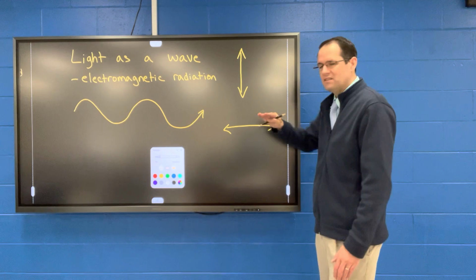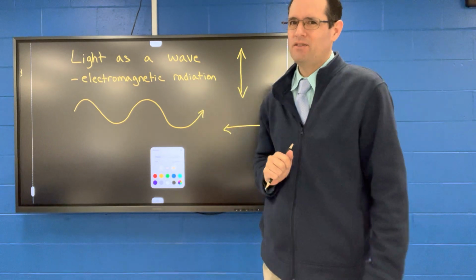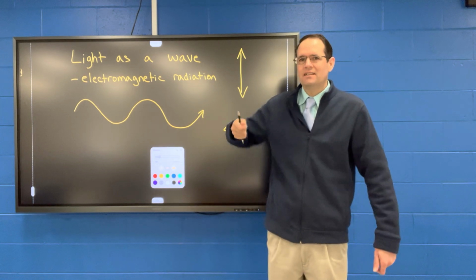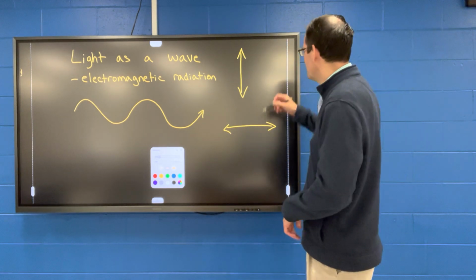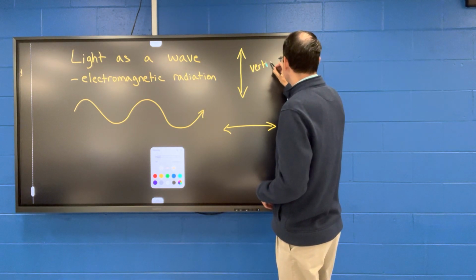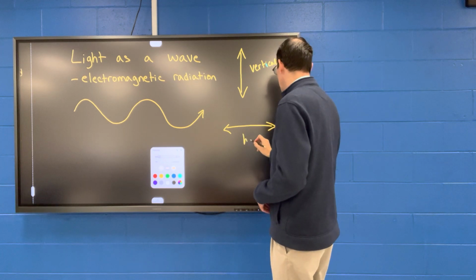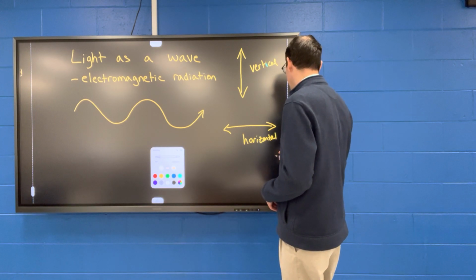And this one horizontally is the direction of the oscillation as a wave makes its way towards you. I wish I had a slinky and I could do this somehow with the video, but I don't have a slinky. So this is a vertical and this is a horizontal orientation of the light rays.